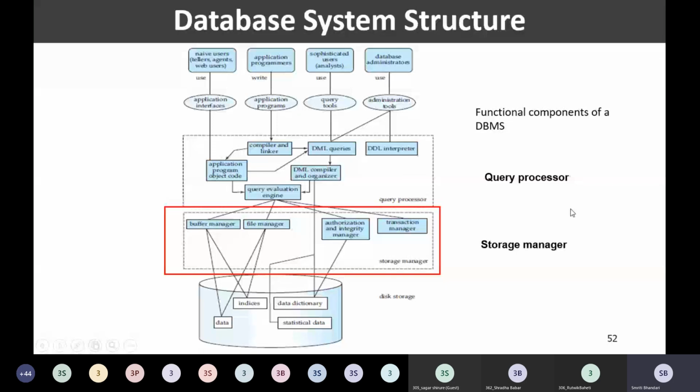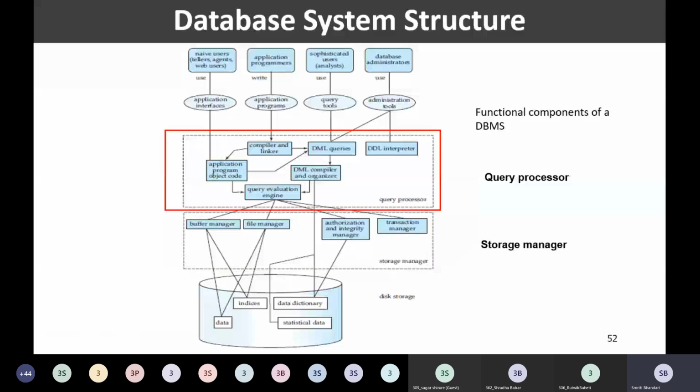The application programs are written in some programming language, some high-level language wherein we write the code, wherein we write the program. And we try to communicate with our database system by making use of structured query language.